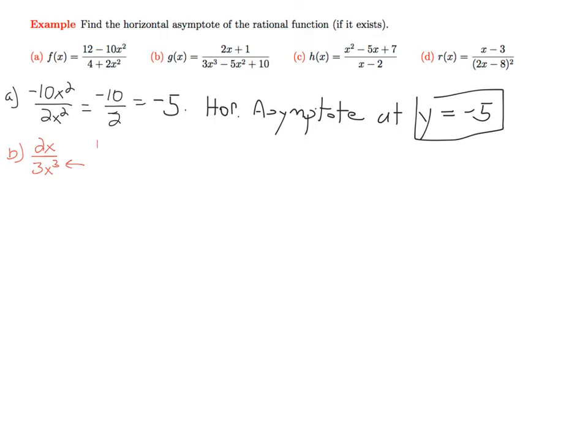So when the degree of the denominator is greater than the degree of the numerator, we have a horizontal asymptote at y equals 0.